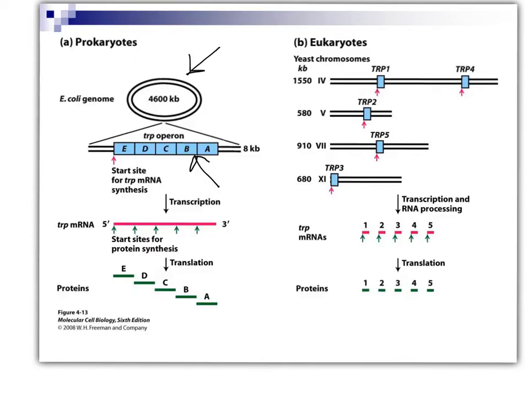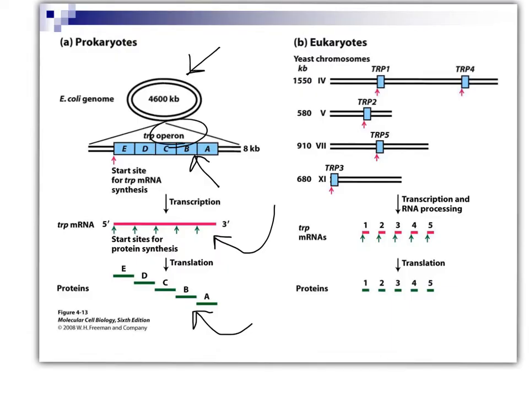They are all transcribed together, so you get one long messenger RNA, and then that single messenger RNA is used to create all the different enzymes. So then you end up with enzymes EDCBA. Then all those different enzymes can then go create tryptophan. Now, that's how it would occur in a prokaryote. This is an example of an operon.